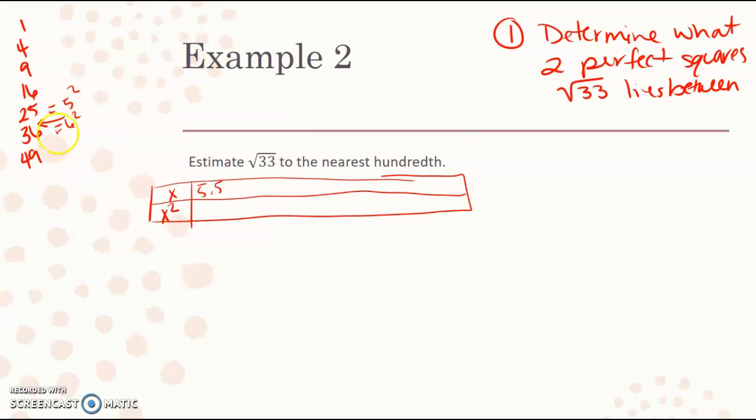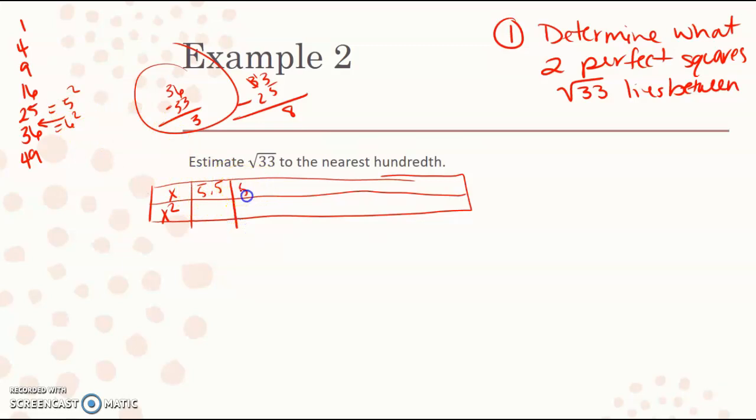But I know it lies closer because, again, 36 minus 33 equals 3, whereas 33 minus 25, we had 13, so that's 8. So this one is closer. So we're going to start at the halfway point. 5.5 is halfway between 5 and 6.